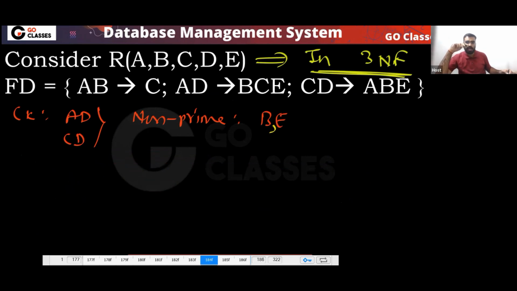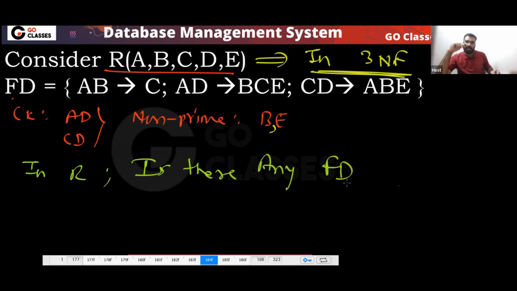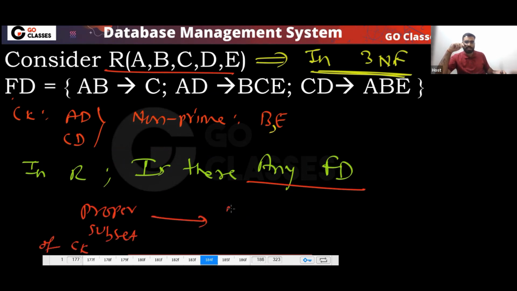But in this relation R, is there any FD of this form?